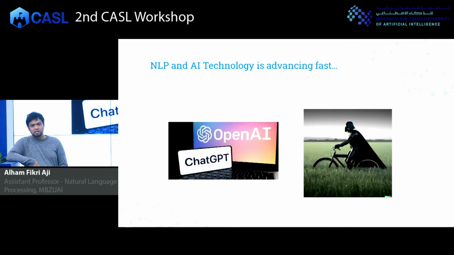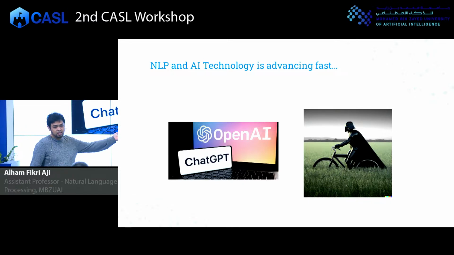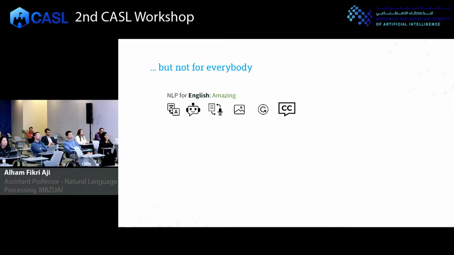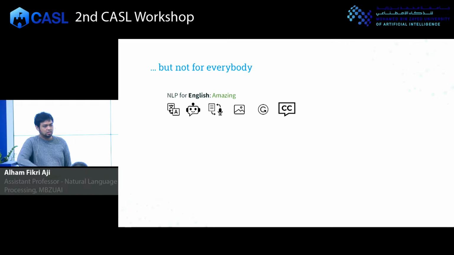So as a background, I think we can agree that currently NLP is moving so fast, right? A couple months ago, we had ChatGPT. It kind of shocked the world. For images, we have Stable Diffusion and other types that are capable of generating cool images. But in terms of NLP itself, the progress is actually not universal, right?